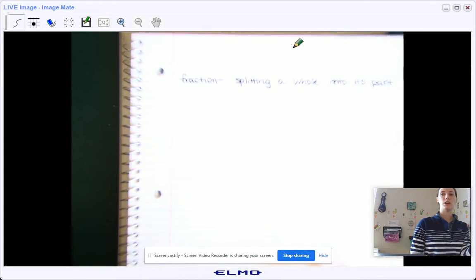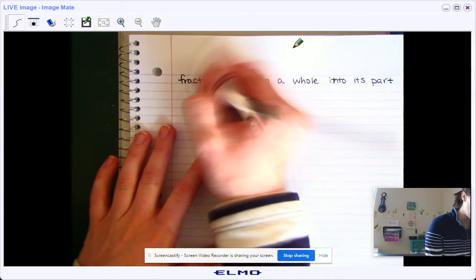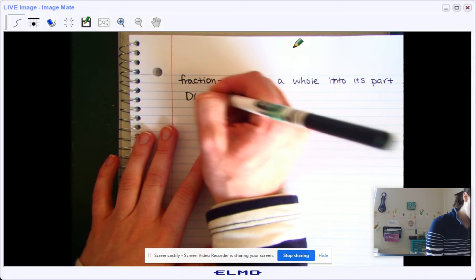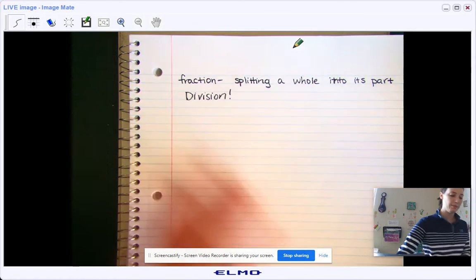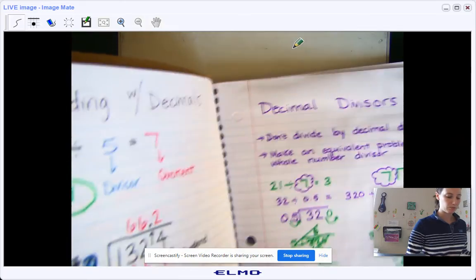And hopefully you are shouting at your screens, division! Which way back when we talked about how all fractions are really division problems.